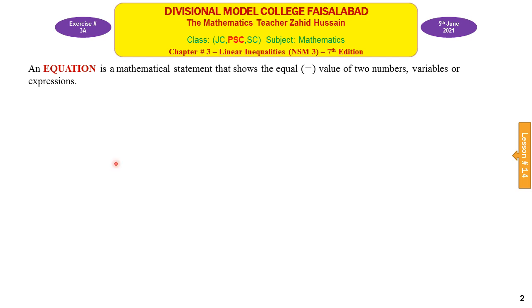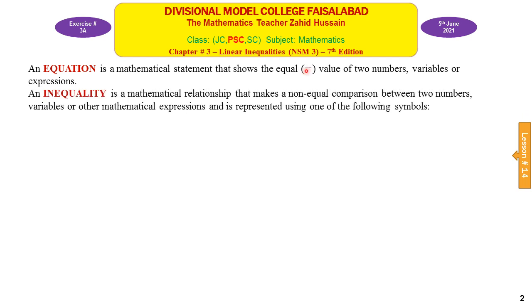As we know that an equation is a mathematical statement that shows the equality or equal values of two numbers, variables or expressions, or simply we can say a statement in which there is a sign of equality is called an equation. But an inequality is a mathematical statement or relationship that makes a non-equal comparison between two numbers, variables or other mathematical expressions, and is represented using one of the following symbols, or simply we can say that a relation in which there is a sign of inequality other than equality.